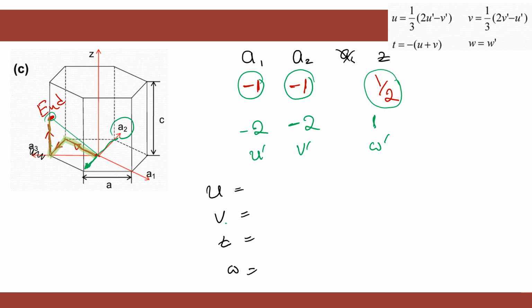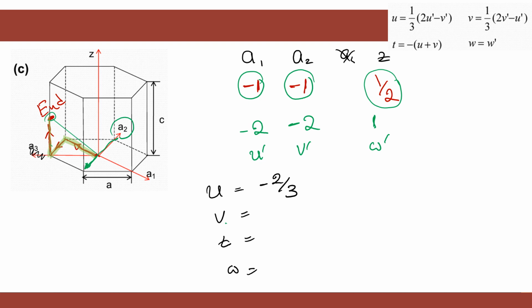What is U? When you find, let me know. Okay, U is what? -2/3. You can get rid of the 3. Yes. So V is what?